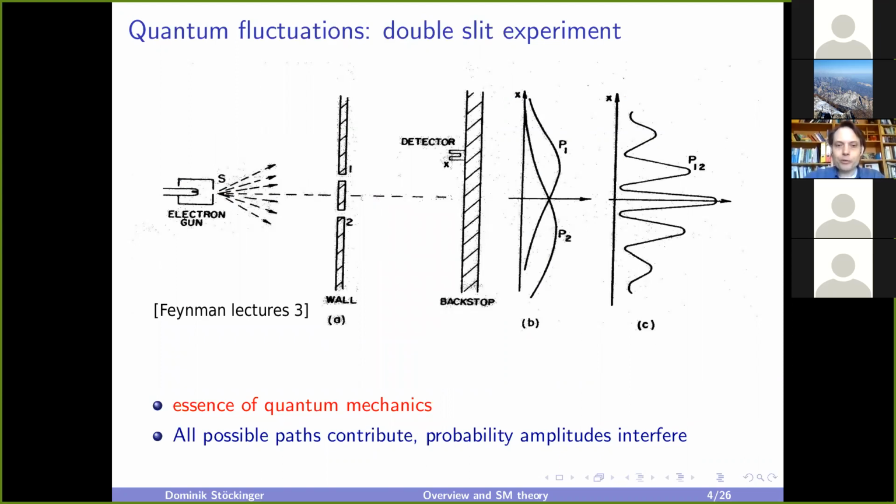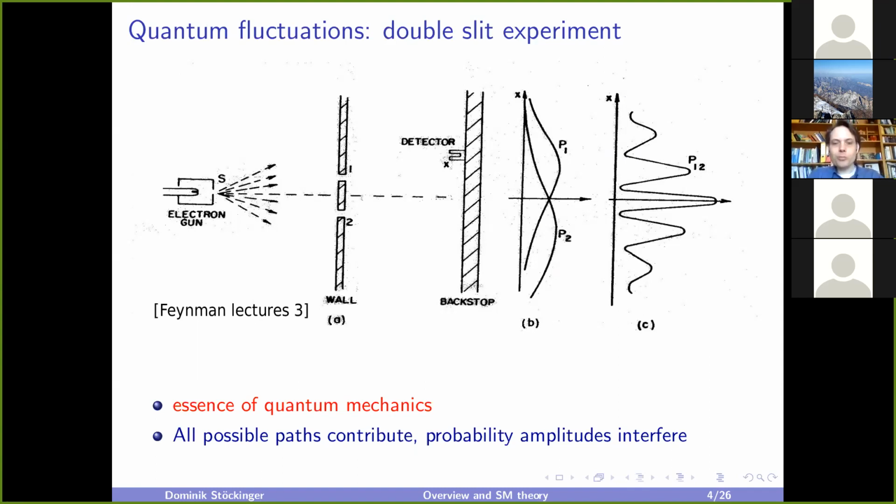Quantum mechanics, of course, can be understood very nicely by looking at the double slit experiment. And according to Feynman, what we simply need to think about is that if a process can happen in several different ways or paths, then each path, the first slit or the second slit, contributes some probability amplitude, and the probability amplitudes are complex. They can interfere.